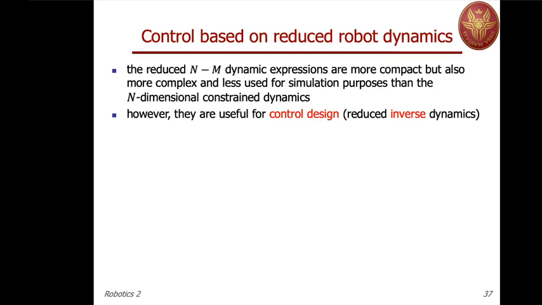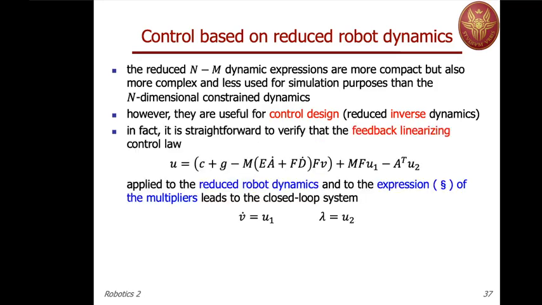Then you have a very nice choice for the u variable that decouples and linearizes these two expressions: the reduced robot dynamics, the one that describes the free dynamics once you are living on the surface, and the expression of the multiplier, which tells what the contact forces are.